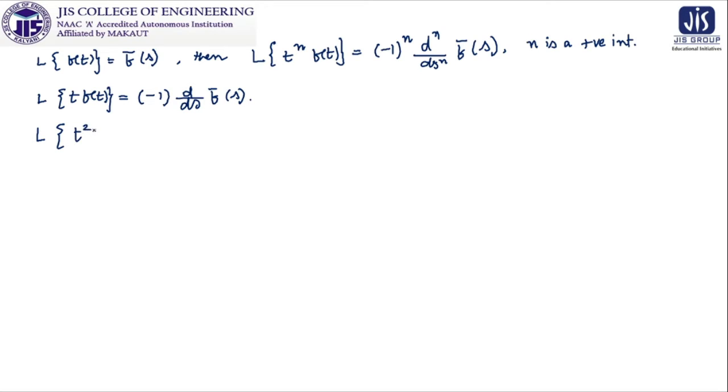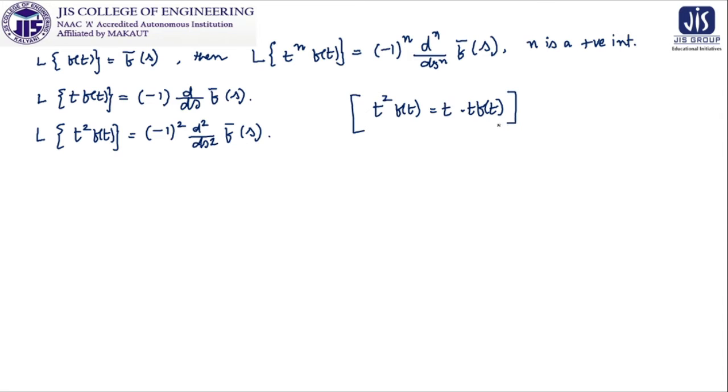Similarly, if I want to find t squared f(t), then from this generalized structure we get minus 1 whole squared d^2/ds^2 of f bar s. We can also think of t squared f(t) as t into t f(t), so we can think of it as sequential application of the first part also.